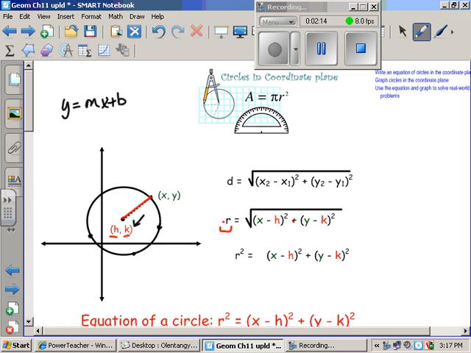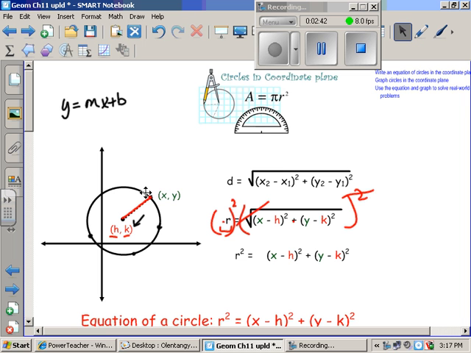Now I want to get rid of this square root symbol, so I'm going to square both sides. So r becomes r squared. Remember that square and square root are opposite functions of each other, so they cancel. All I end up with is x minus h squared plus y minus k squared, and that actually is the equation of a circle.